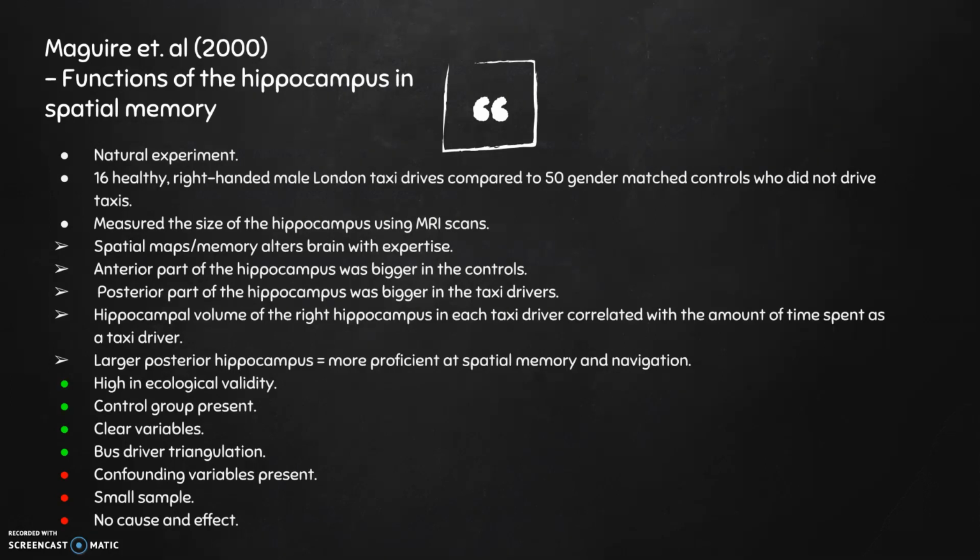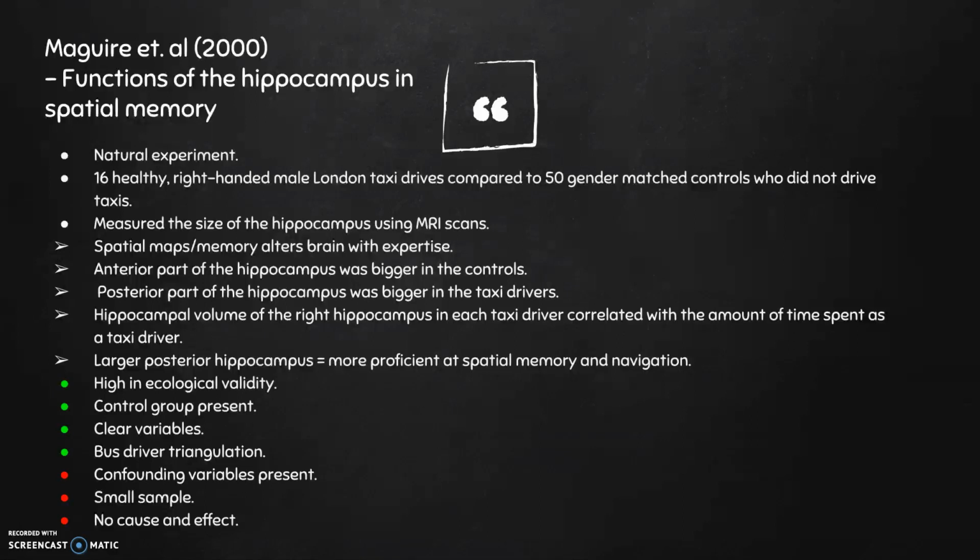The amount of years for driving taxis were also recorded. Through the use of MRI, they measured the size of the hippocampus, and this part of the brain has been associated with memory prior. It was found that spatial maps and memory alter the brain with expertise.